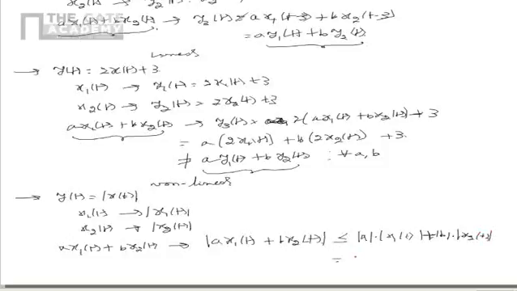The right hand side quantity is equal to mod a multiplied by y1t plus mod b multiplied by y2t. From this, we see that for a linear combination of the inputs, we are not getting the linear combination of the outputs. From this, we can say that the given system is non-linear.